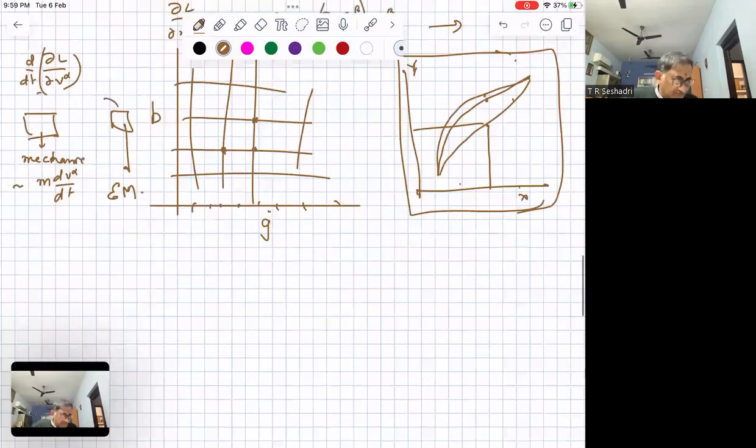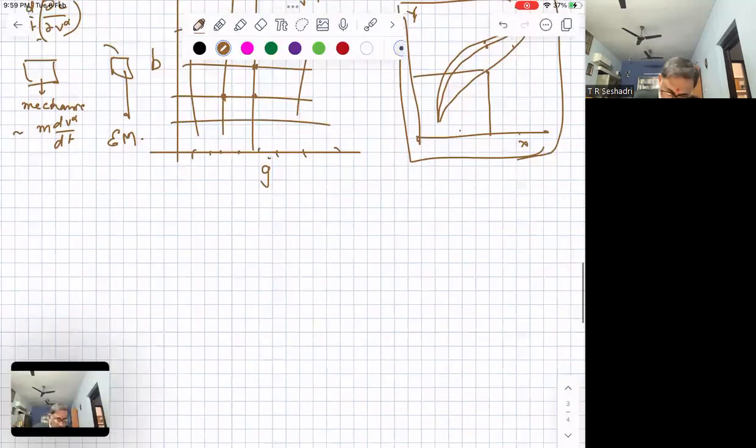When I actually substitute all this and rearrange, which is outside the scope of this particular discussion, I will just give you the result.